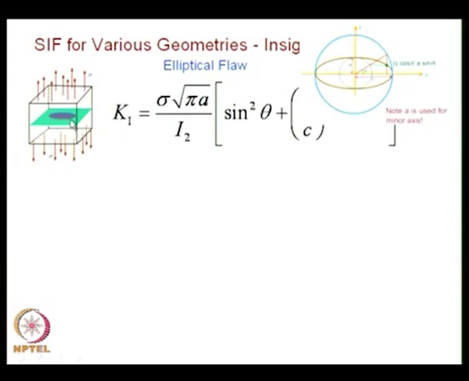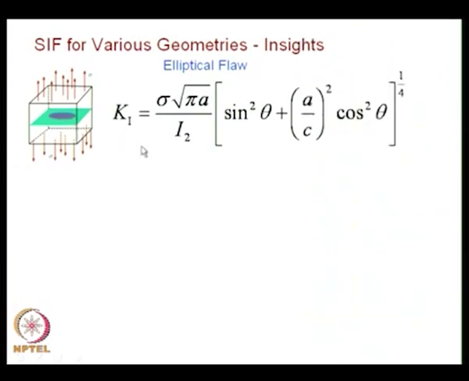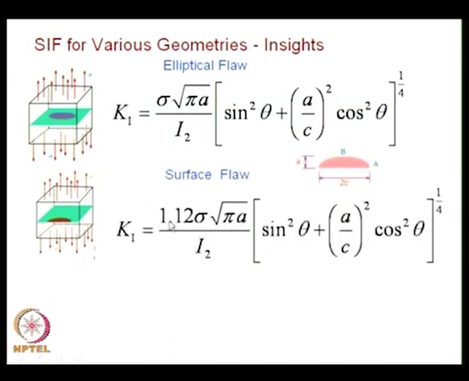From an embedded elliptical flaw, we moved on to a surface crack, and here we extrapolated whatever the understanding of the elliptical flaw and also for an edge crack, and the simplest solution was simply to change this solution by 1.12 times sigma. Later on we improved upon a definition of crack length modified for plasticity correction.